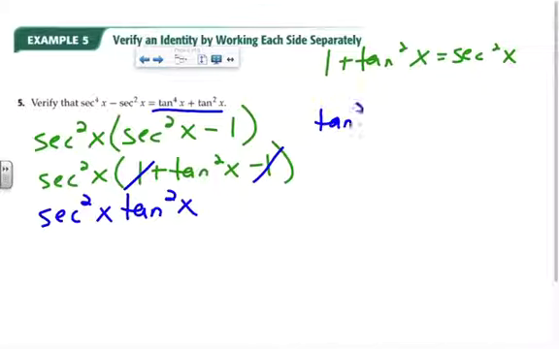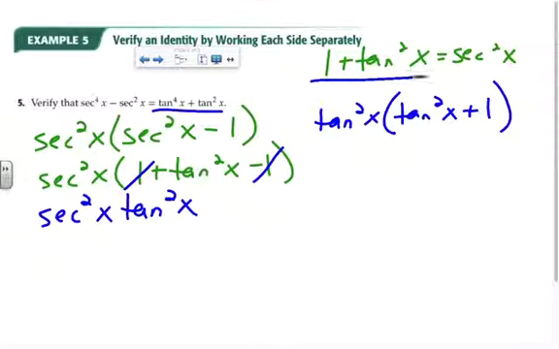So when I do that, I have tangent squared of x times tangent squared of x plus 1. Well, oh, that's pretty convenient. Remember this guy? So that means that tangent squared of x times secant squared of x. And notice I've reached the point at which left side equals right side, okay?